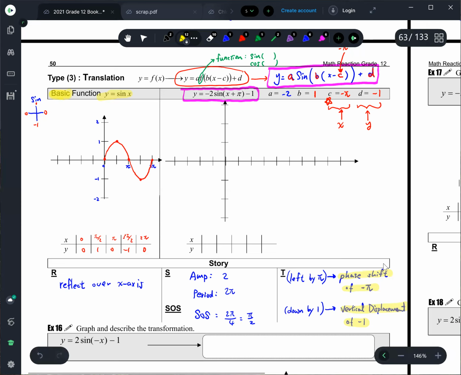Okay, Justin, have you copied it? Justin?